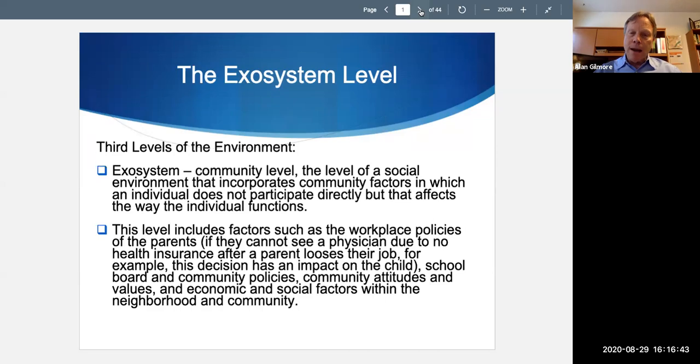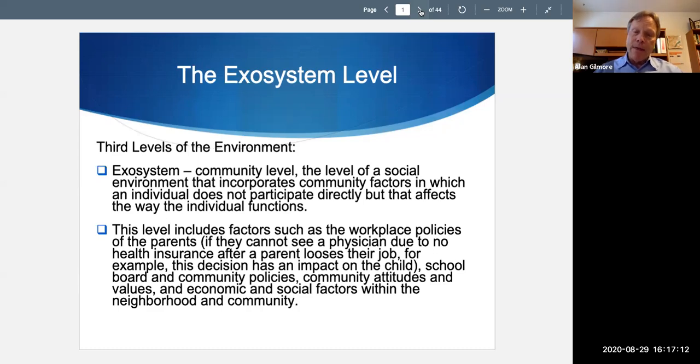So the parent's not able to sustain their health insurance after losing their job, and as a result, the child is now suffering because they're not able to access a healthcare provider. The child isn't an employee. The child doesn't have a direct relationship with health insurance. Their relationship is with the parent, and the parent's relationship is with the health insurance that was available through their employer. So that's the way to think about that.